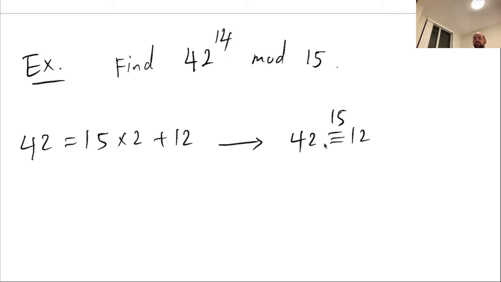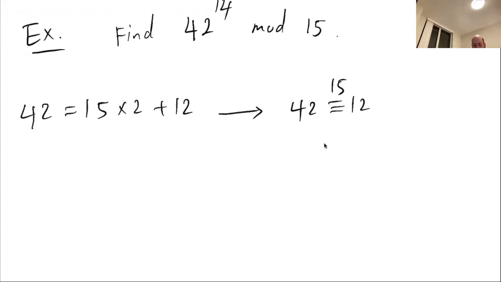By smaller, I mean smaller in absolute value, because I can take care of the sign. If it's negative, I know that negative to odd powers remains negative, and to even powers becomes positive. I just care about absolute value. So 12 is relatively big. Can I replace it with something smaller? Well, 12 is congruent to -3 mod 15. Why?